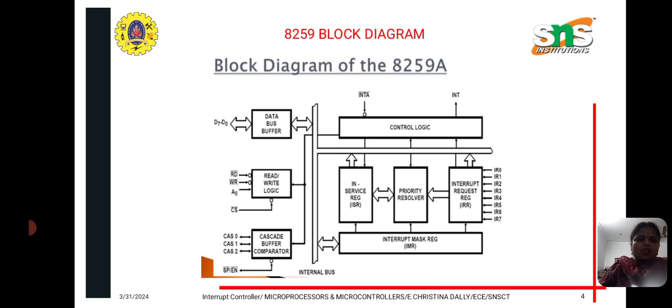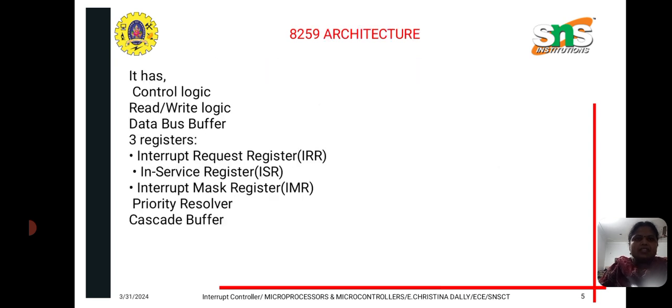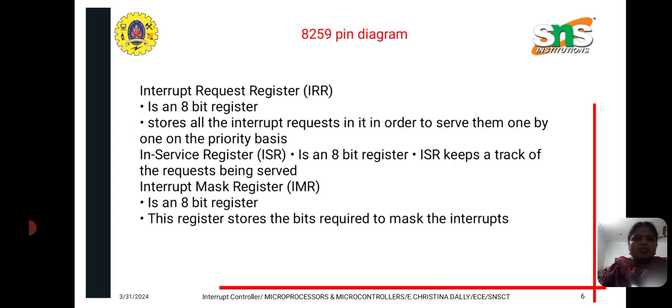In the control logic, we have INT, that is the interrupt request, and INTA, that is the interrupt acknowledgement. The first ones are the data bus buffer, read write logic, and control logic. We have three registers, that is the interrupt request register, in service register, and interrupt mask register, then the priority resolver, and another one is the cascade buffer.